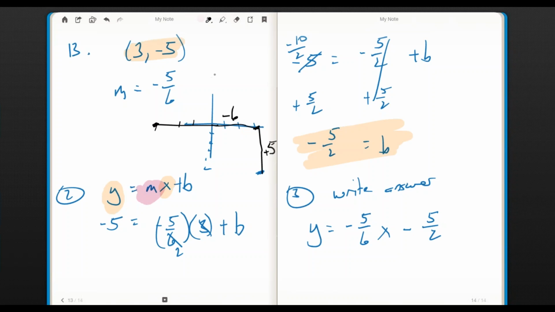I could have gone a negative 5 and a positive 6, but that would have been down 5 and over 6, which would have been way over here somewhere. This is a little bit easier to draw, and by the way, this point is a negative 3 in the x direction, a 0 in the y direction, and all I have to do is graph the 2 points so that it makes one line.